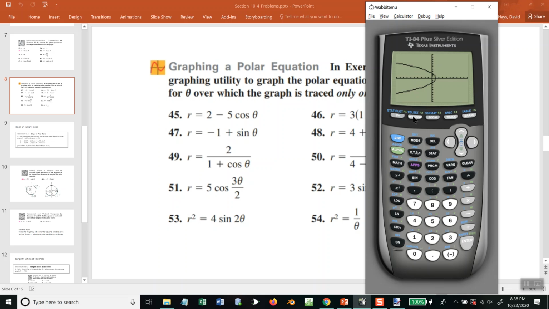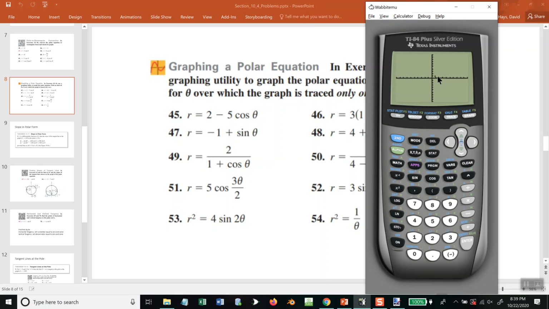Another thing to keep in mind is if you go to your window. So if you press your window, if you've ever been here before, all they normally have is x min and x max. Here's where you can tell it to go from 0 to 2 pi for your angle. So if you have this set by accident, and maybe you're playing from a previous problem, and you have this going from 0 to pi over 4, like that, then when you go graph, every problem from there on is screwed up.